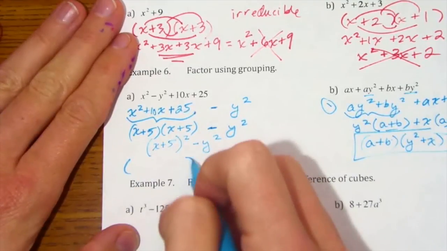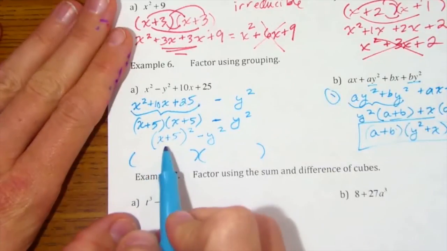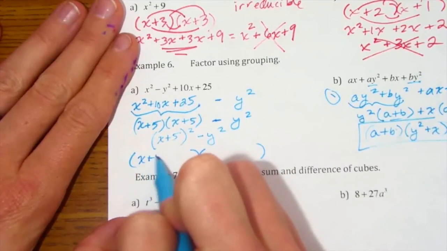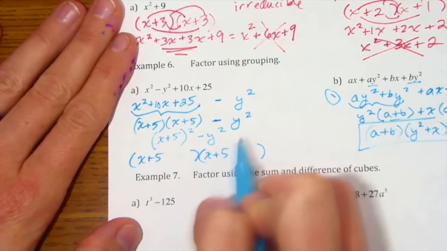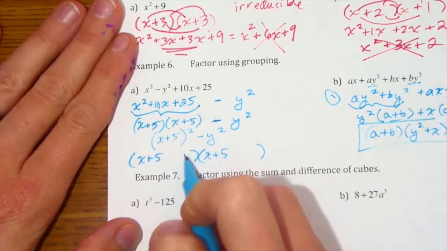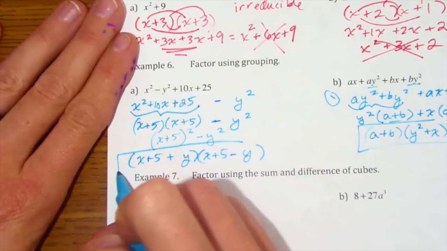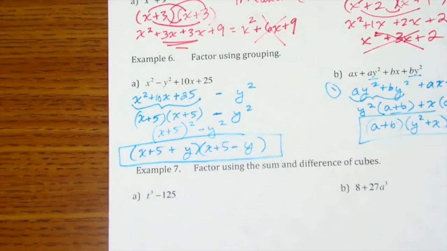So what is the square root of x plus 5 quantity squared? X plus 5 and x plus 5. What is the square root of y squared? Y. So we have plus, we have minus, and voila. Good? Everyone good? Questions?